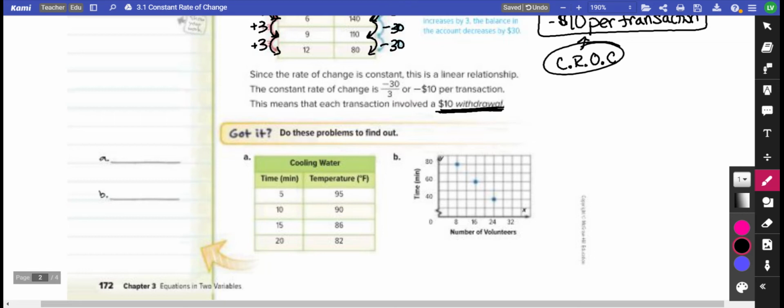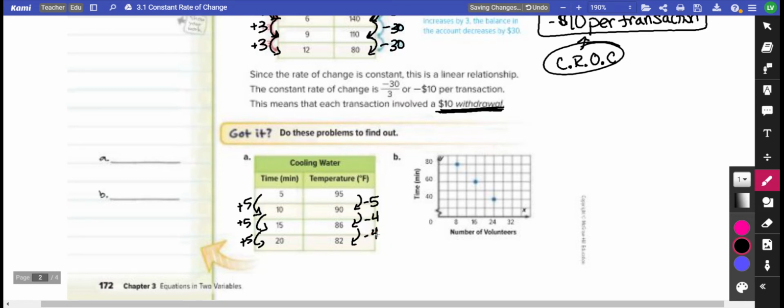So time in minutes, we go from 5 to 10, 10 to 15, 15 to 20. Each time we are increasing by 5. Next, the temperature in degrees Fahrenheit goes from 95 to 90, 90 to 86, 86 to 82. The first change is by 5. The second one is by 4. And the third one is by 4.